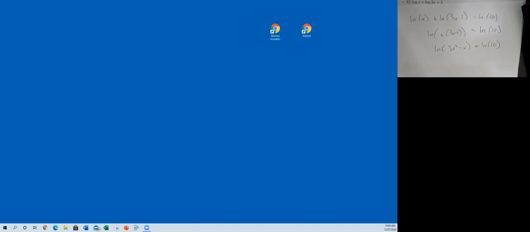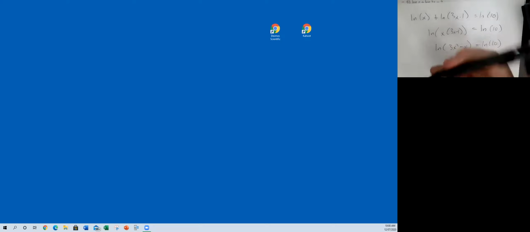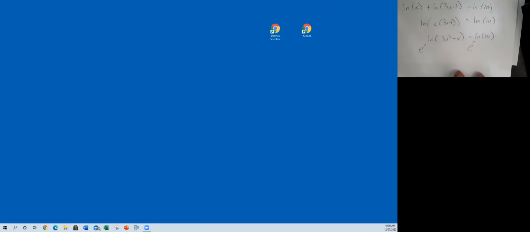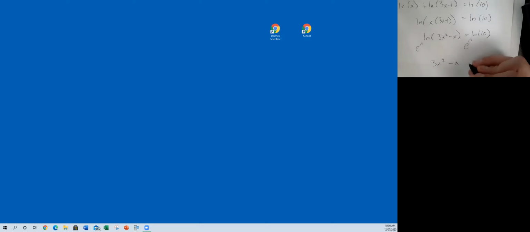This is an ln. That's an ln. If we exponentiate both sides to e, we can actually get around moving that log to the other side. And hopefully this makes sense. If we have something in an ln and we have something in an ln, guess what? This thing, 3x minus 3x squared minus x, should be equal to this thing.